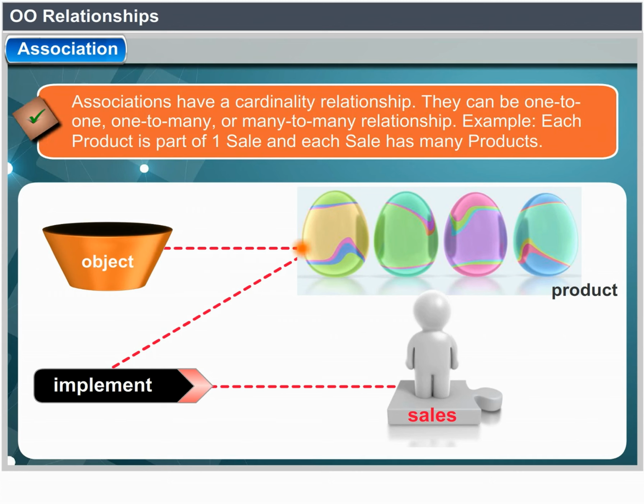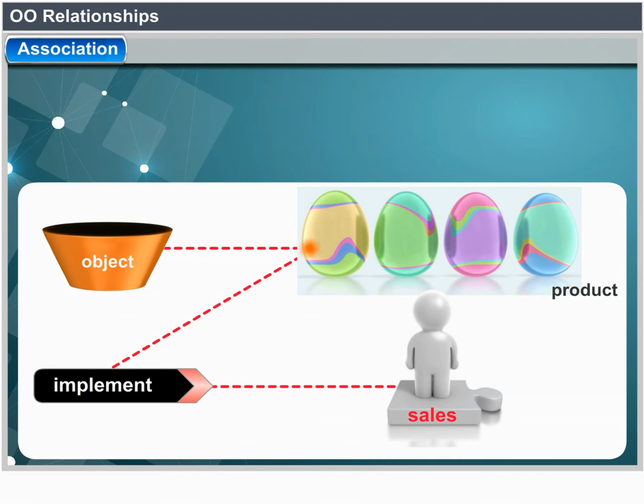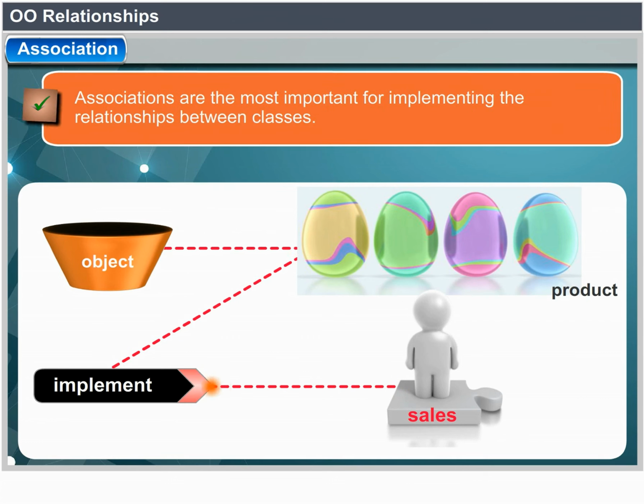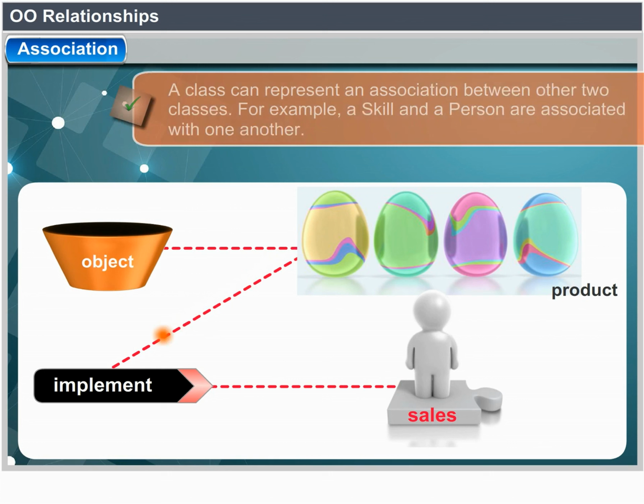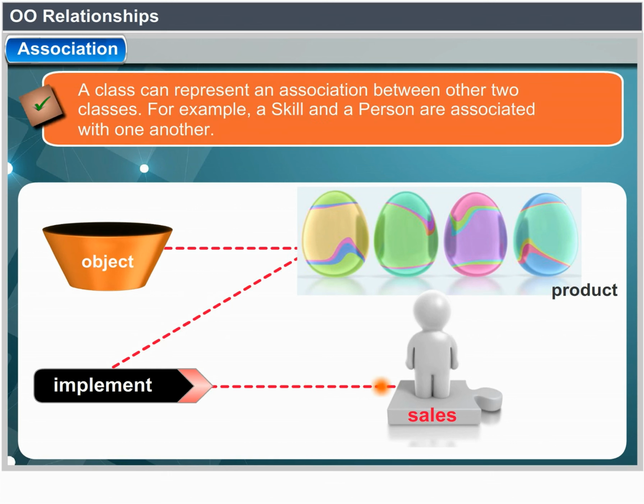Associations have a cardinality. They can be one-to-one, one-to-many or many-to-many. Example, each product is part of one sale. Each sale has many products. Associations are the most generic of the relationships between classes. A class may also represent an association between two other classes. For example, a skill and a person are associated with one another.